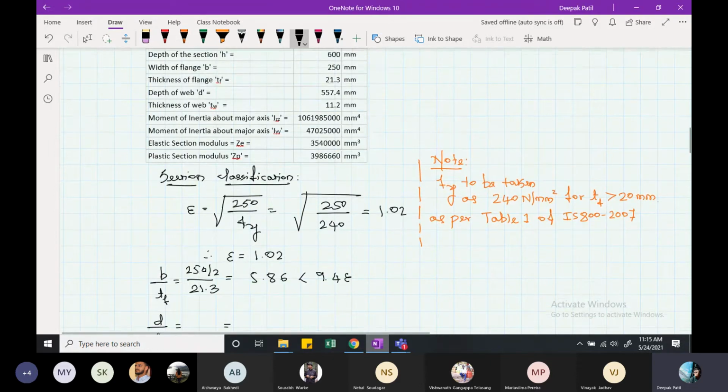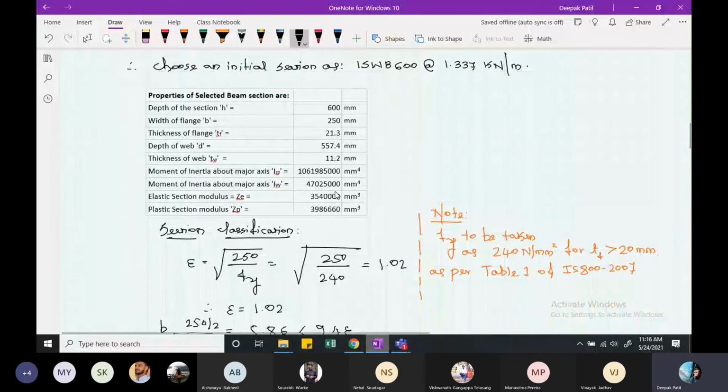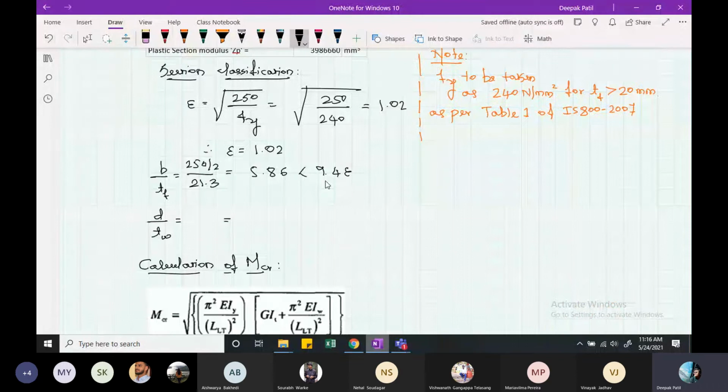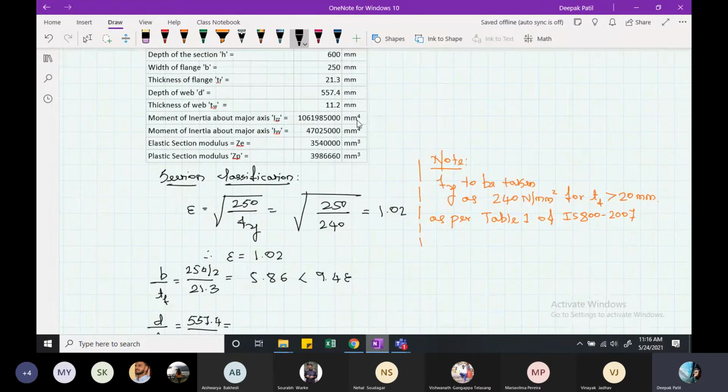Then regarding d by tw, I told you how you calculate d. It is actually the total depth minus 2 times the thickness of flange. So 600 minus 2 times 21.3, which is coming out to be 557.4, divided by the thickness of the web. The thickness of the web is 11.2.